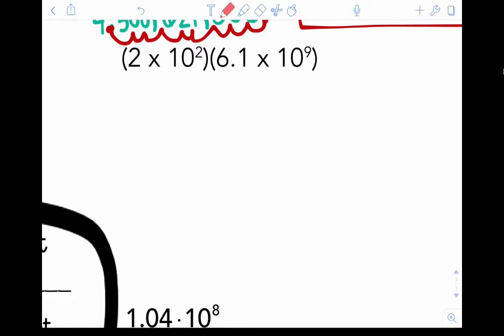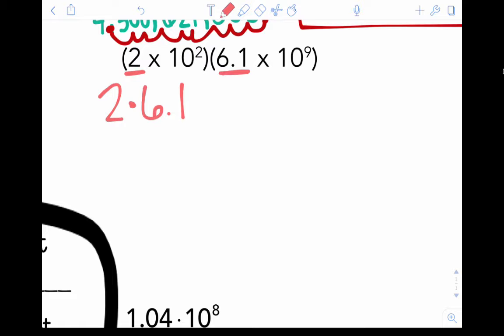I know that I can multiply in any order. That is my commutative property that I learned in Unit 1. And so that is why I can multiply the coefficients. That's why I can take those two numbers and I can multiply them. So I can do 2 times 6.1 before I multiply my 10s.